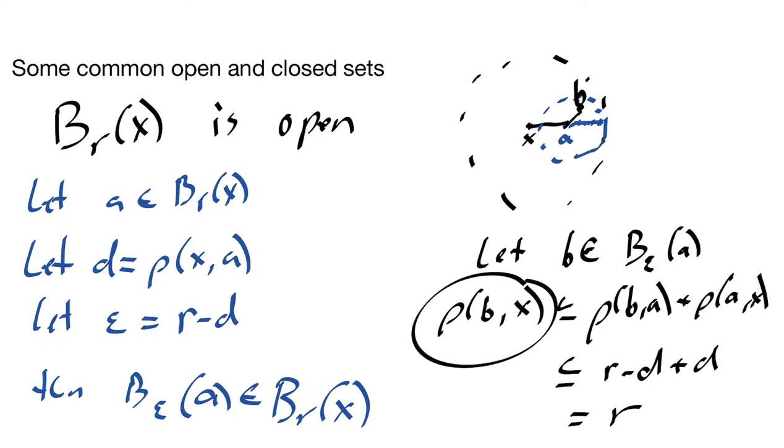So this distance must be less than or equal to r, so that means B must be inside of my bigger set.